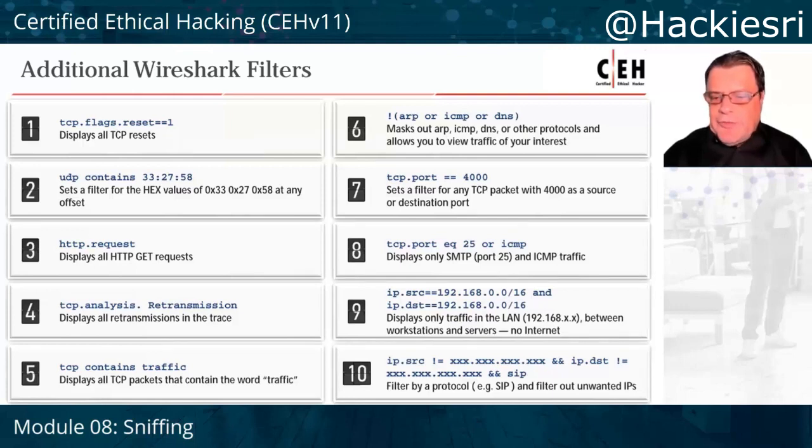Or you can display only traffic in the LAN 192.168.x.x IP between workstations and servers, without including the internet. So this is interesting. You can actually limit your traffic scans to intranet scanning only. And lastly, you could filter by protocol, for example, SIP, and filter out unwanted IPs also.